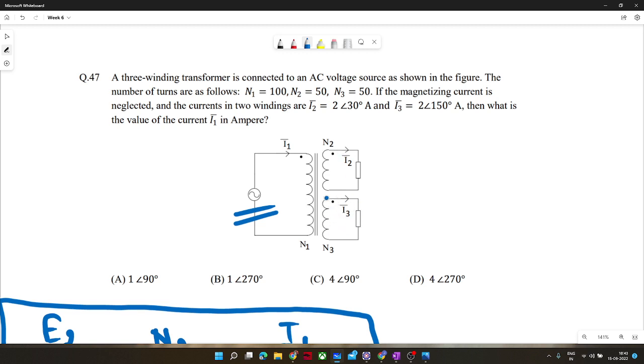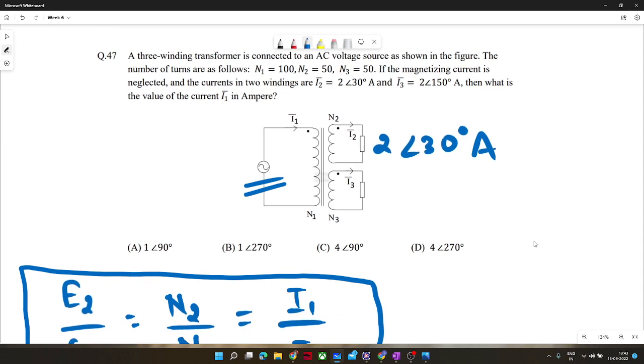So in the secondary, two loads are connected through the supply. To connect two loads from one supply, we need to connect in this fashion. For multiple loads, we can separate it into multiple turns and connect to the transformer. The load current in winding N2 was 2 angle 30 degrees.